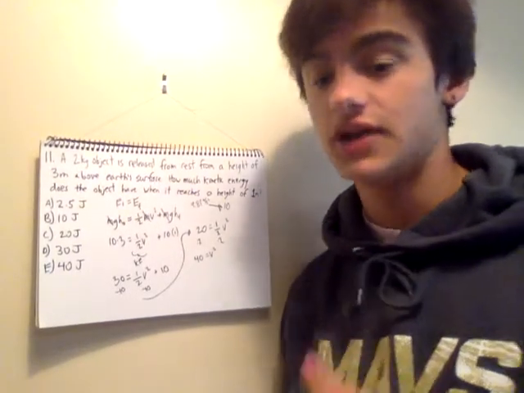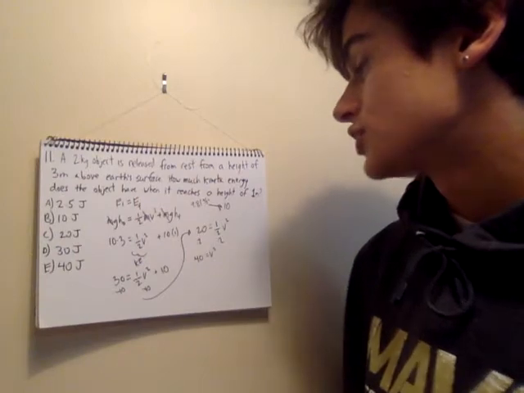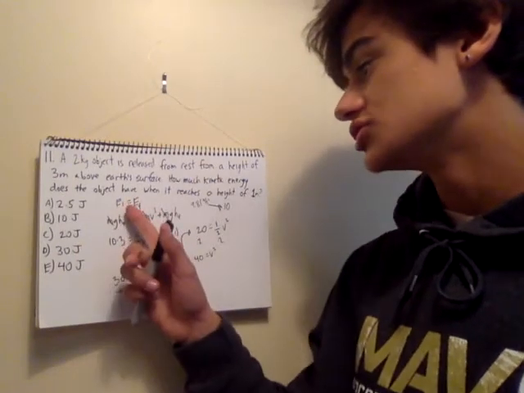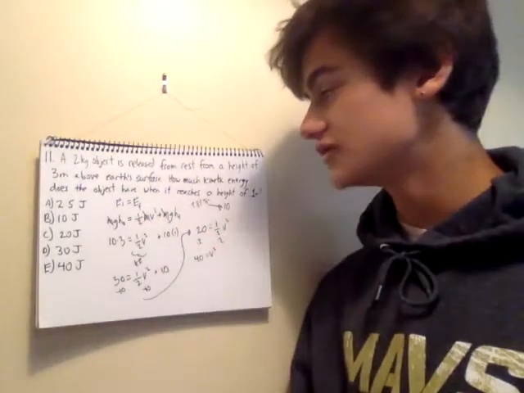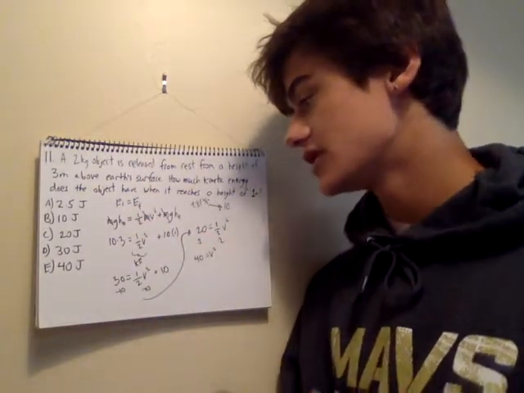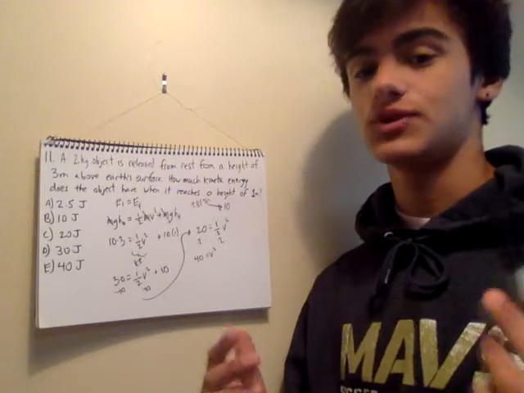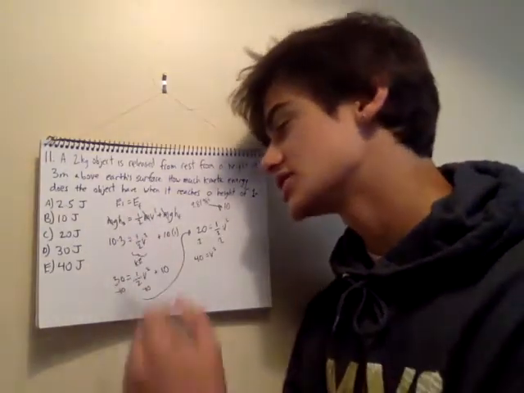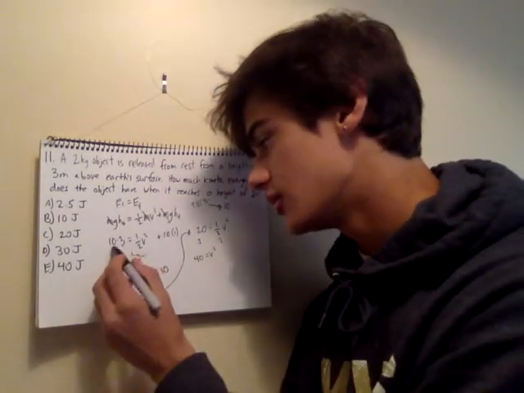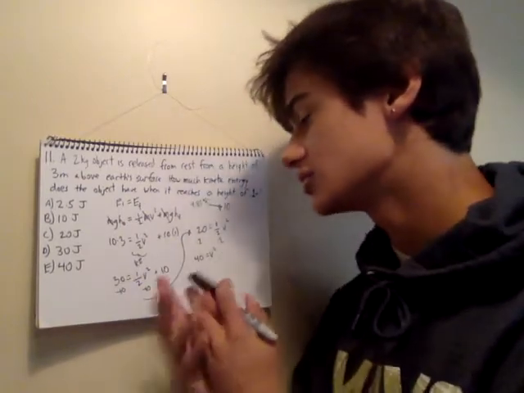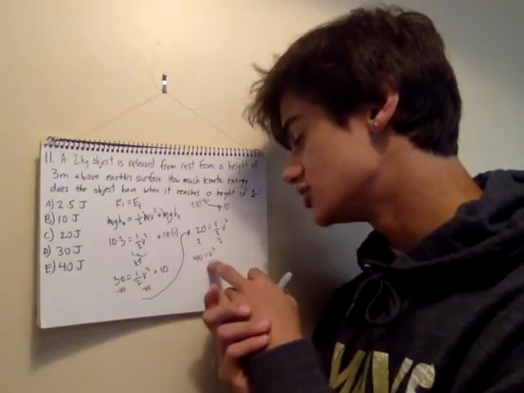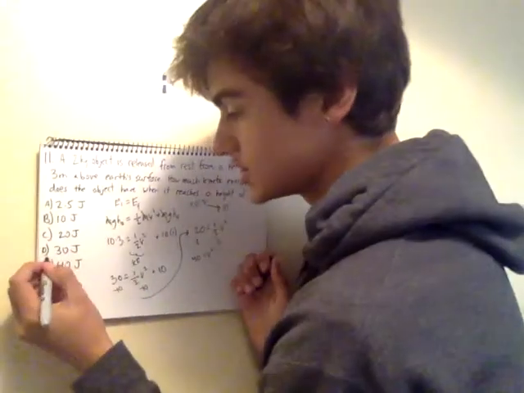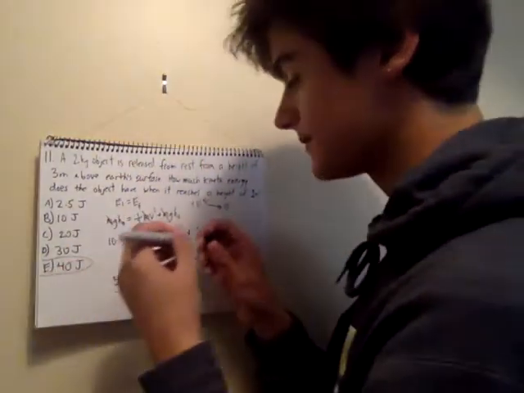We did this by using our energy equations, and energy initial is equal to energy final. We started off with just gravitational potential energy, and we end with gravitational potential energy as well as kinetic energy. We can cross out the m's, we can simplify, we can multiply here, and we're trying to isolate the kinetic energy part of the equation. So we solve for 1/2 mv squared, and this luckily matches right up with our answer here.